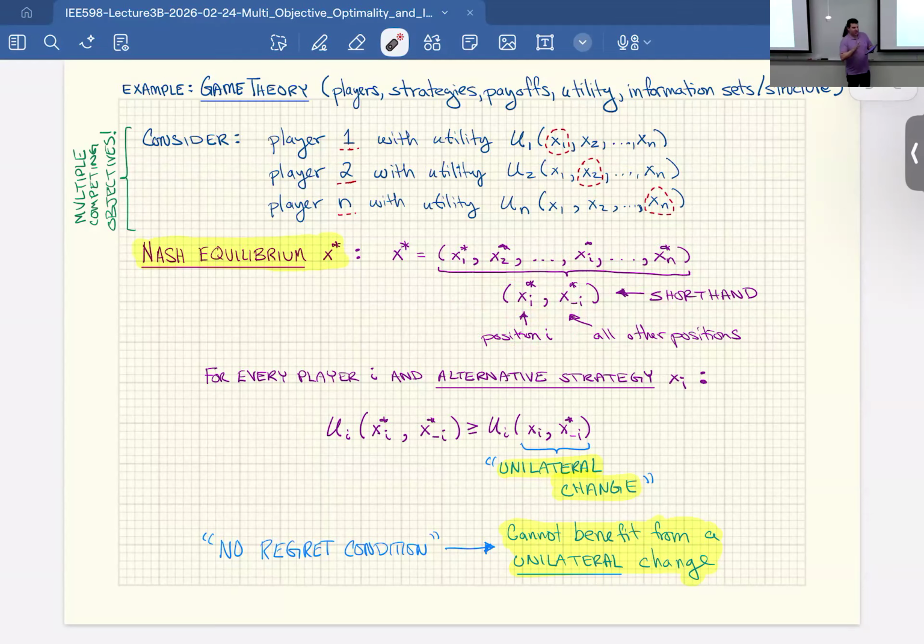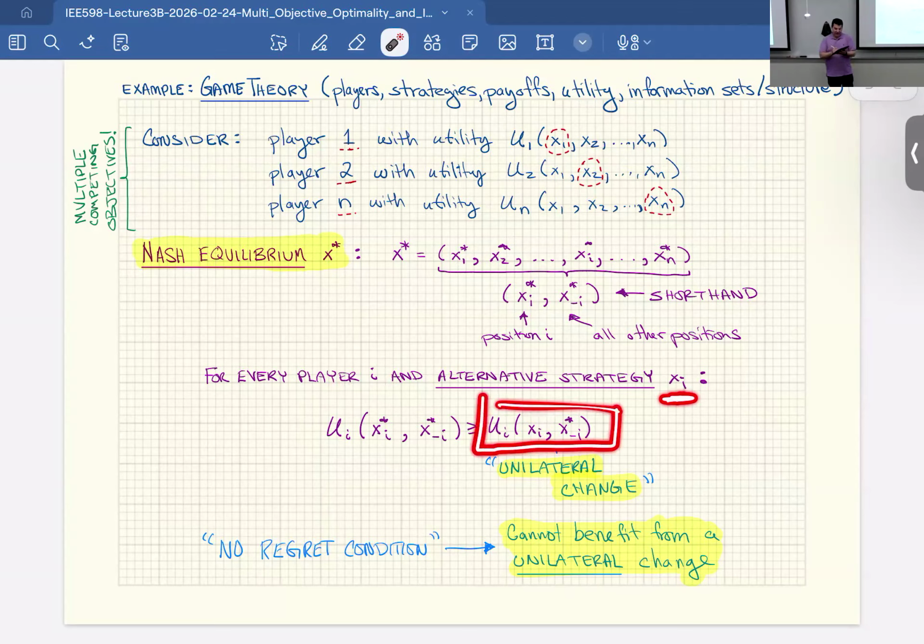And so a Nash is a strategy x star such that for every player, this will be the case: if that one player i considers changing their position, trying a different strategy xi, and only they change, then the utility or the payoff that they get from that unilateral change is going to be no better than where they were at the Nash.